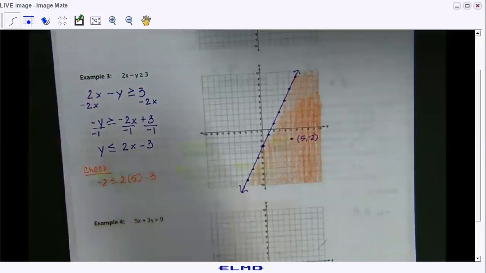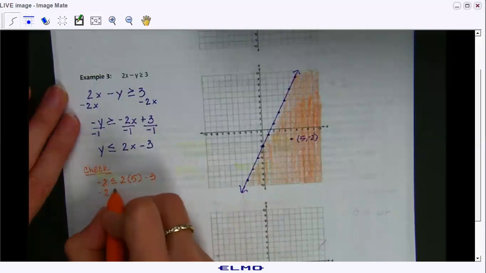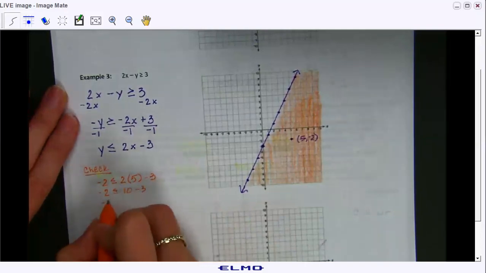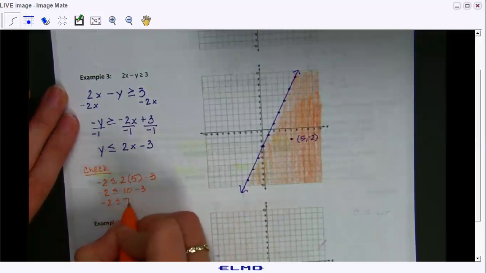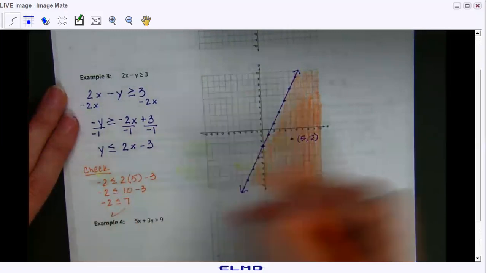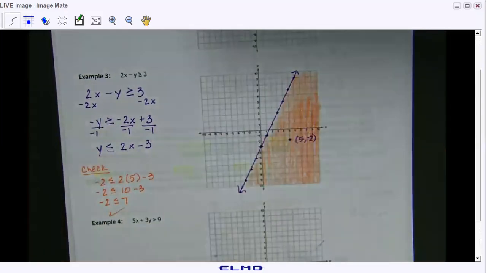I need to make sure that this inequality is true. So -2 is less than or equal to 10 minus 3. -2 is less than or equal to 7. This is true because 7 is greater than -2. So I have shaded correctly. If I were to choose a point up here, it would be incorrect.